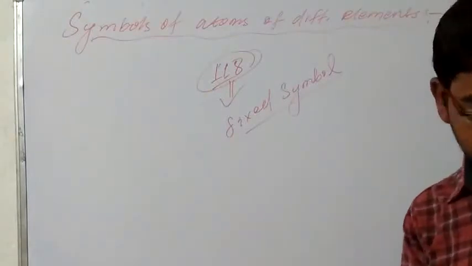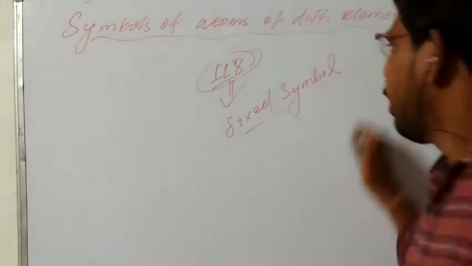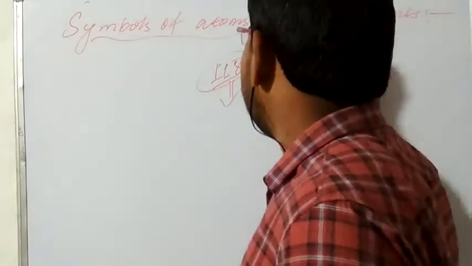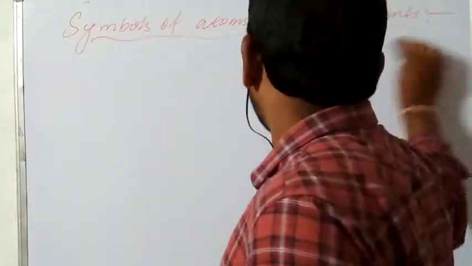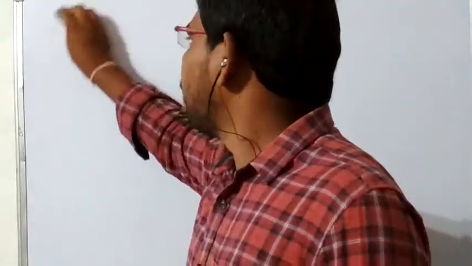In the next part, we will discuss mass numbers, atomic numbers, and molecules, and how molecules are formed.